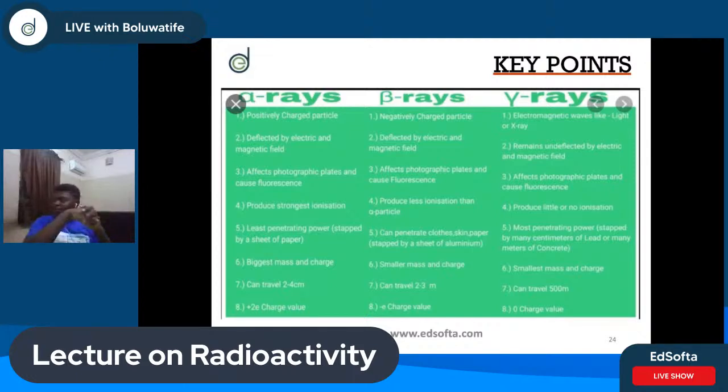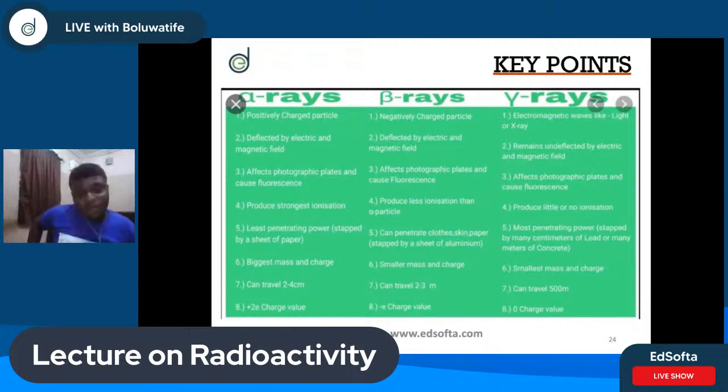And then gamma rays have the smallest mass and zero charge actually. Gamma ray is the worst: negligible mass, negligible charge. Then alpha rays can travel 2 to 4 centimeters. Like I said, they can't really travel that far.